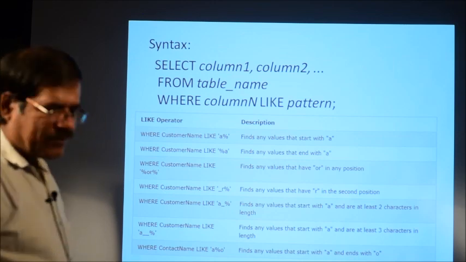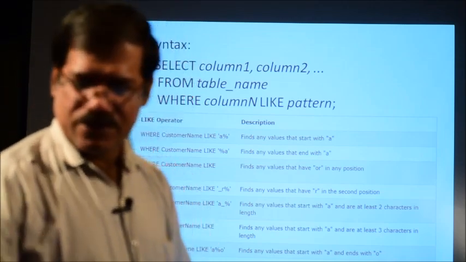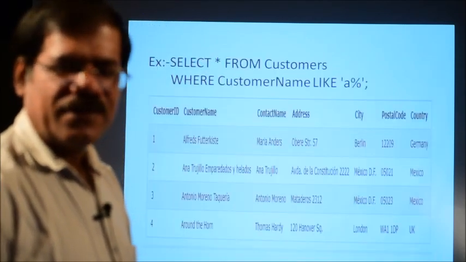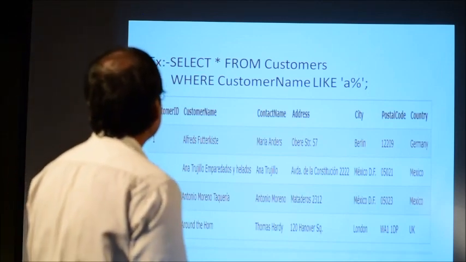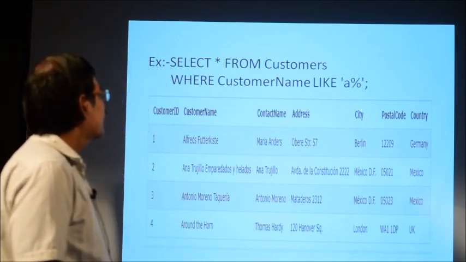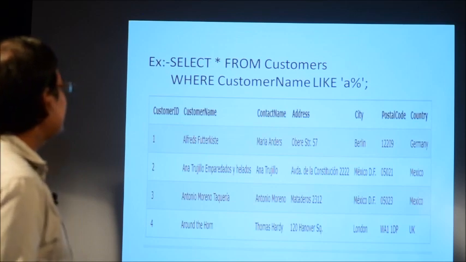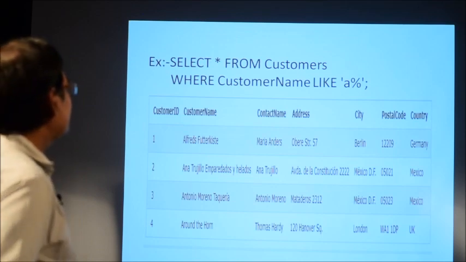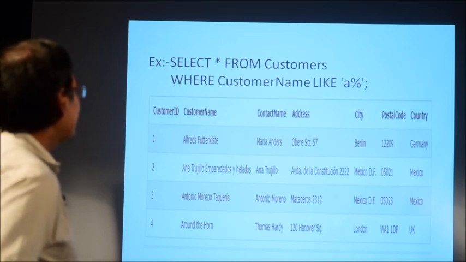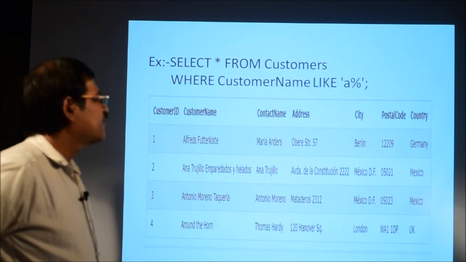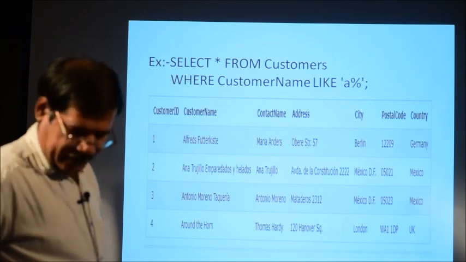So don't forget about the table. I will give some examples so it will be clear for you. Suppose one example is here: SELECT star FROM customers WHERE customer name LIKE 'a%'.